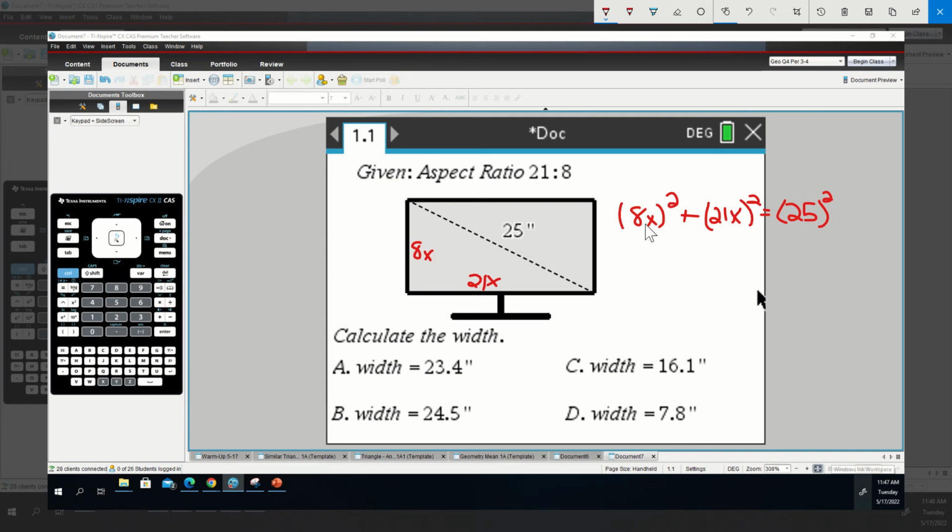So in Desmos, we're just going to treat it as two separate equations, and we're going to use a system to solve it. So I'm going to put this for the first equation, so y equals the left side, and then y equals the right side.